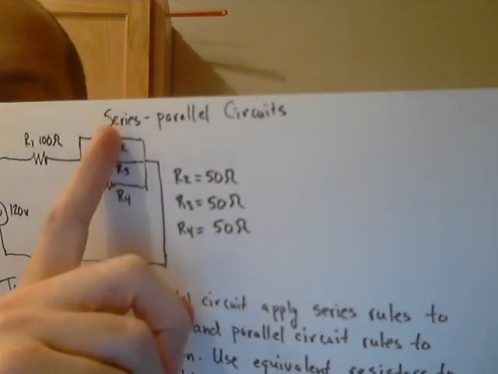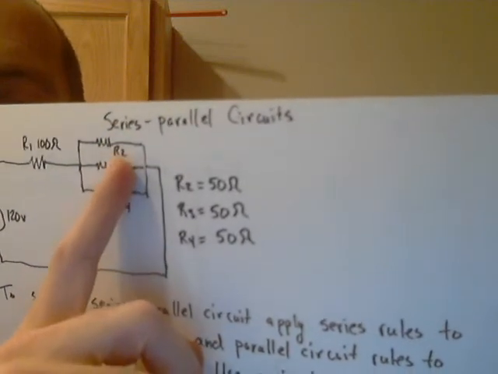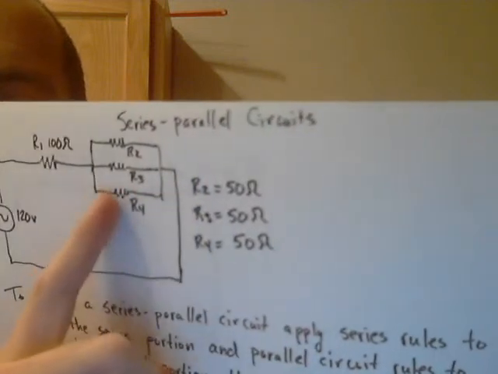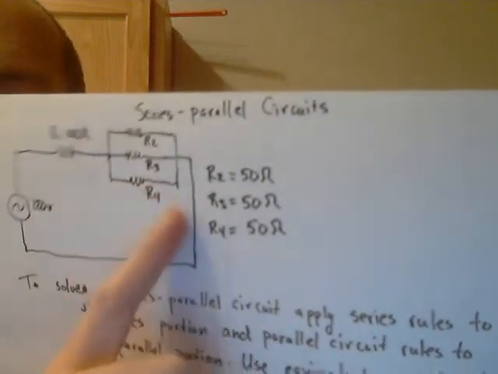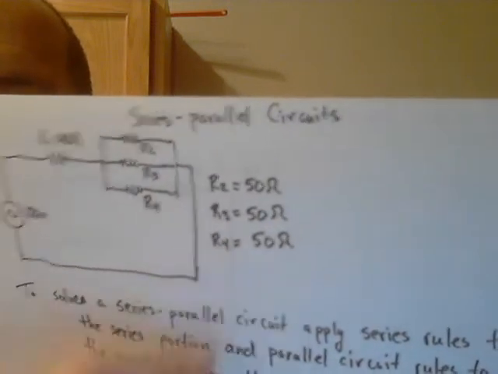R2 represents the first light bulb, and it offers 50 ohms of resistance. R3 represents the second light bulb, and it also offers 50 ohms. And R4 represents the third light bulb, and it also offers 50 ohms of resistance.